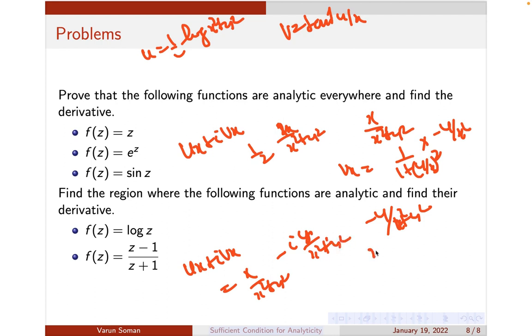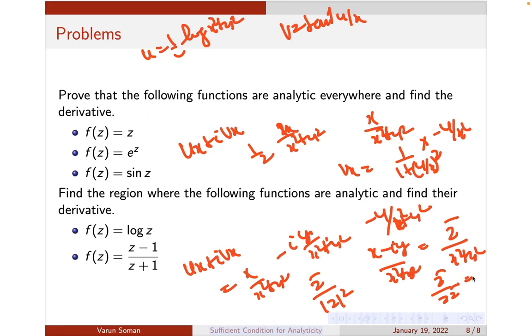So it is (x minus iy) by x square plus y square, or it is actually z bar by x square plus y square. Now x square plus y square I can write as modulus of z square, which is nothing but z z bar. So it is z bar by z z bar, and we get 1 by z. So the derivative of log z is actually 1 by z except at z equal to 0.